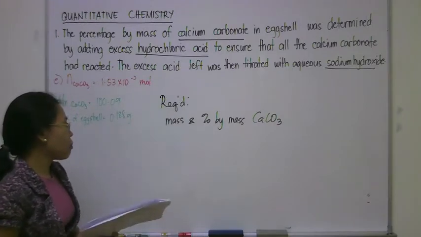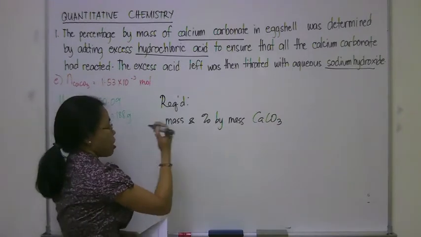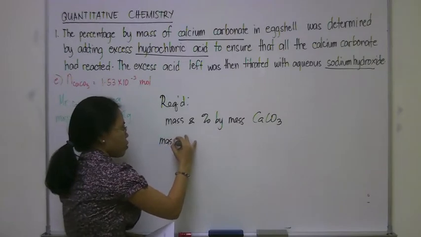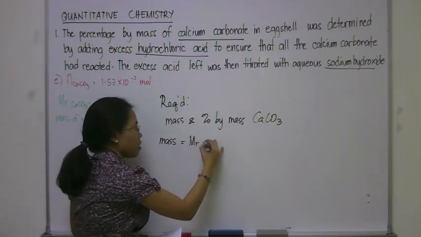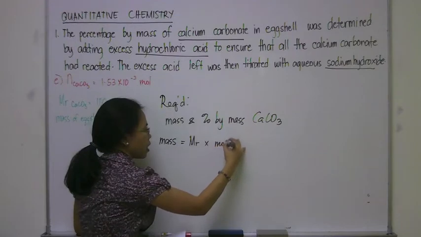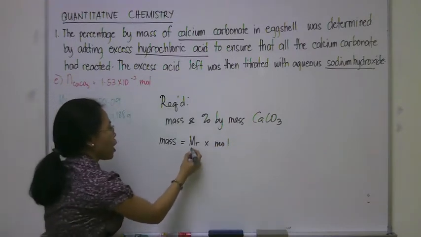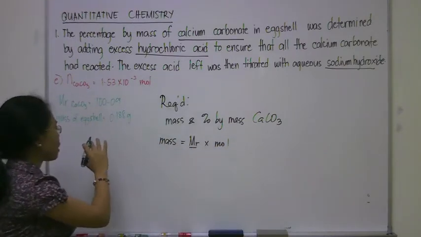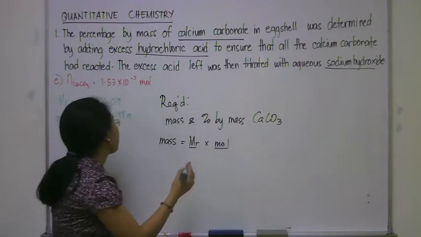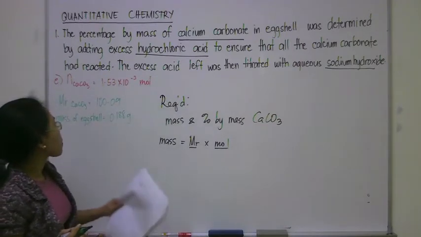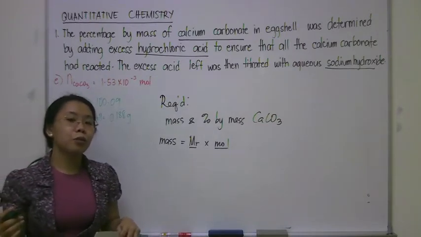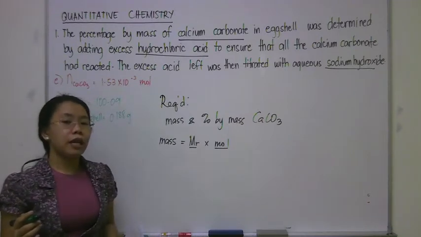So we can use that by multiplying it. To calculate the mass, we need to multiply MR by the number of moles. So we have the MR of calcium carbonate and we have the moles of calcium carbonate from our previous calculation.